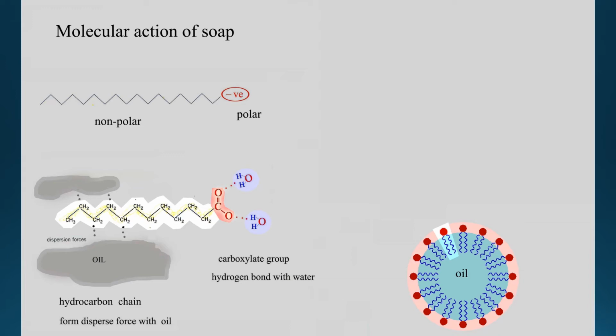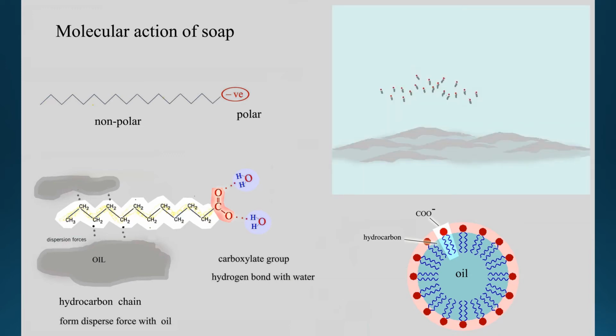The head part will stick out to the water. As the COO part is polar, it faces the water. The hydrocarbon tail will stick to the oil. And now they form into a small droplet. This is called micelle. Now let's see the action.